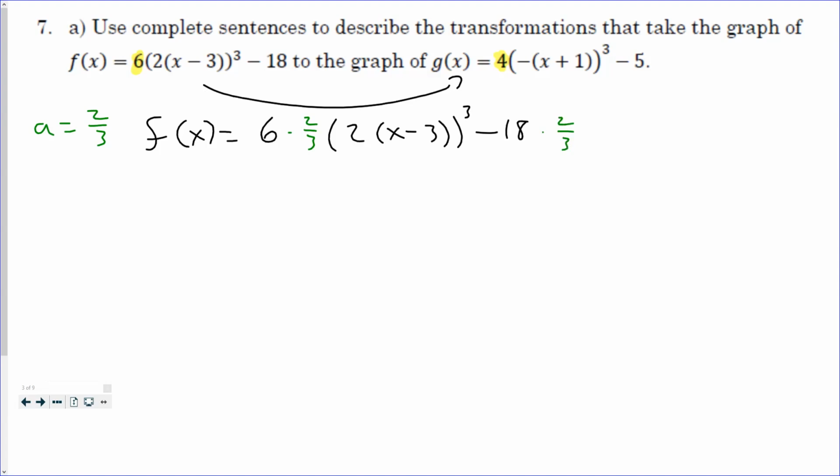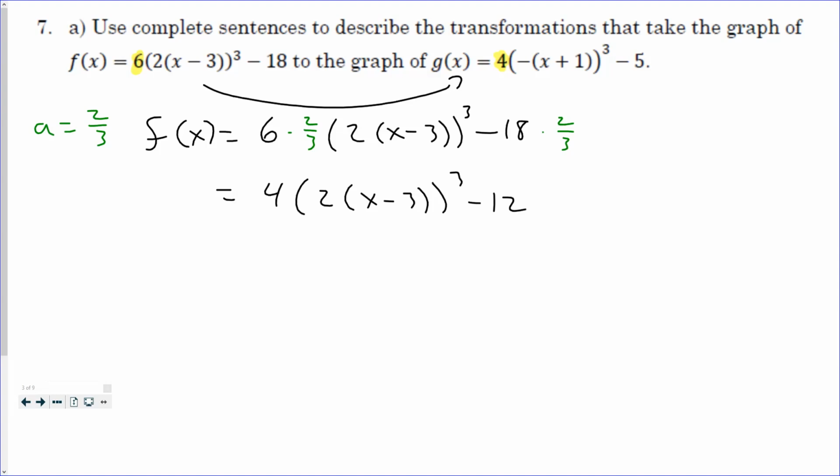So when you apply a 2/3 onto f of x, what you get is 4 times 2 of x minus 3 cubed minus 12. So the big thing here is that when you change your 6 into a 4, that's also going to affect your k. So my -18 becomes a -12.